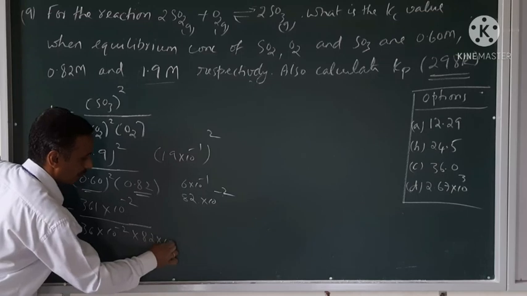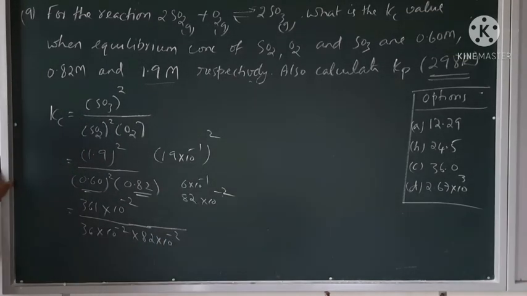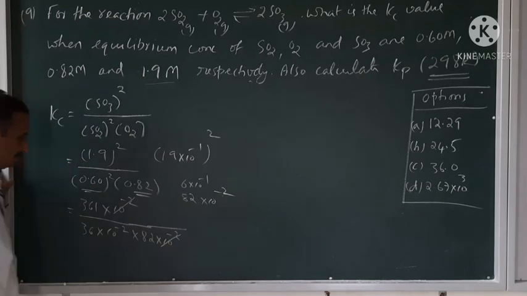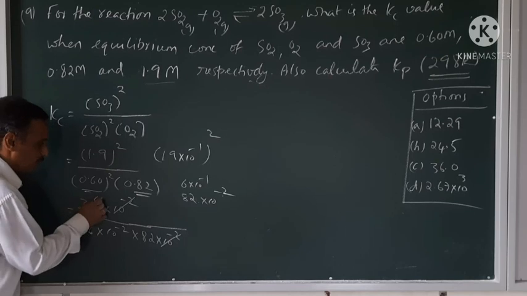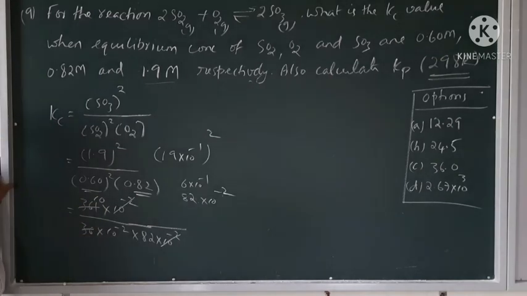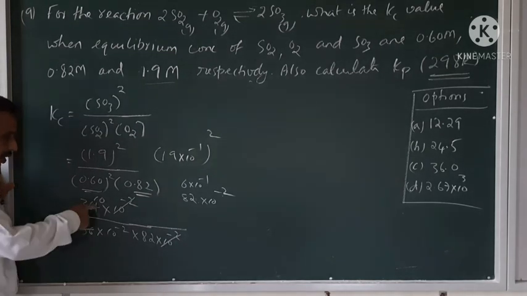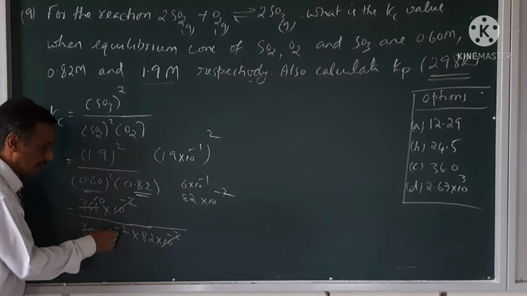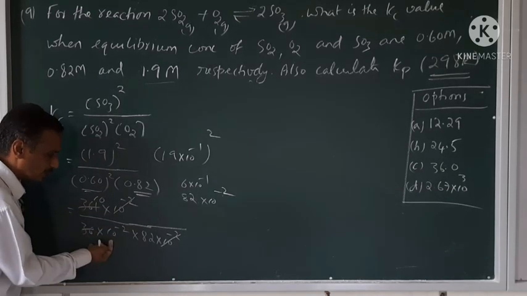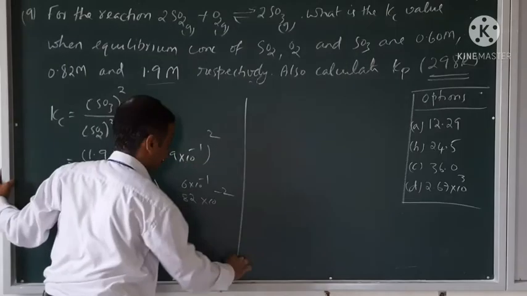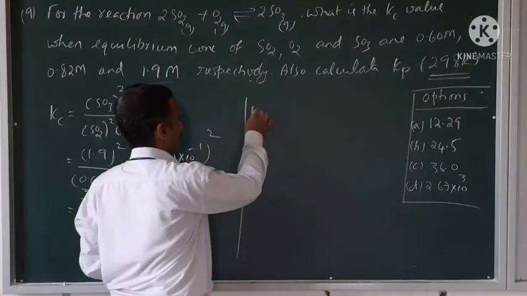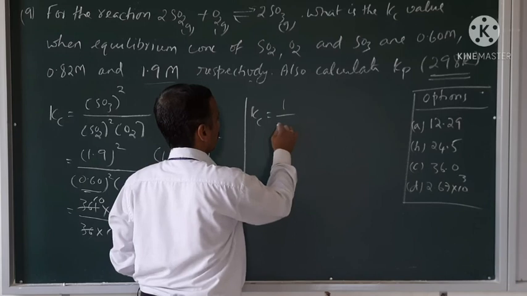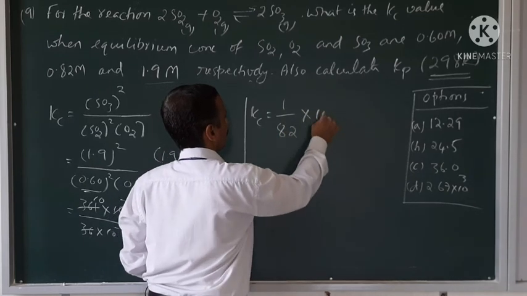So the 10 to the power minus 2 terms cancel each other. You see 36 and 360 are almost 10 times. Now, 10 to the power 1 and 10 to the power minus 2: when the 10 to the power minus 2 comes to the numerator, it becomes 10 to the power plus 2, and with 10 to the power 1 it becomes 10 to the power 3. So Kc is equal to 1 over 82 into 10 to the power 3.